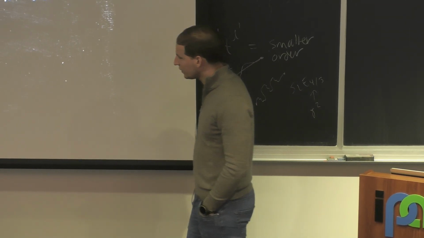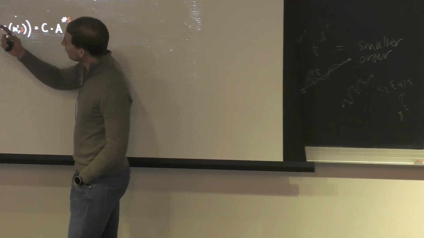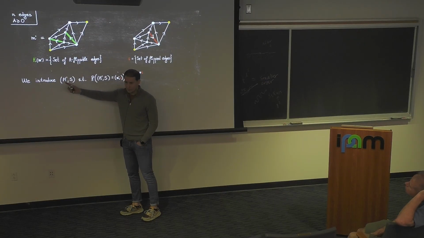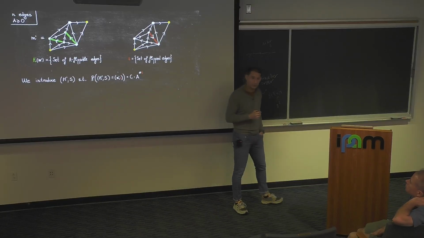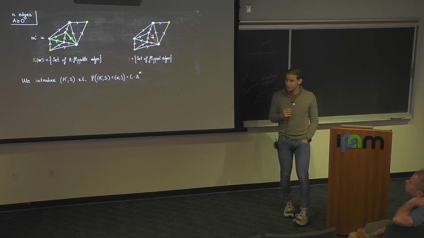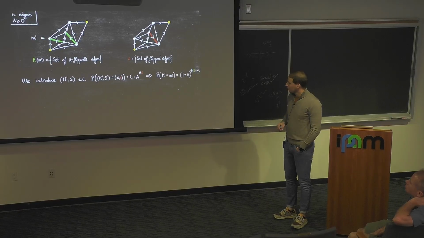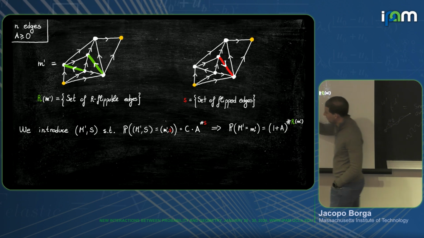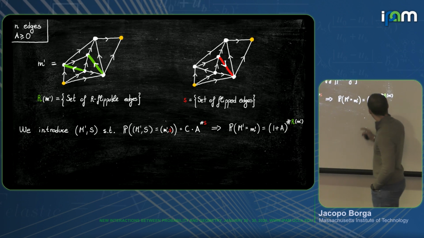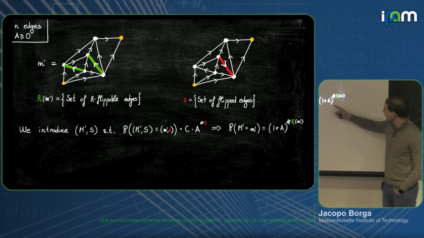And we introduced this model. So the probability to see a random planar map M prime with a set S of edges that you have flipped is proportional to a constant A to the number of edges that you actually flipped. And this is reweighting the marginal law of the map by this constant, 1 plus A, to the number of flippable edges.